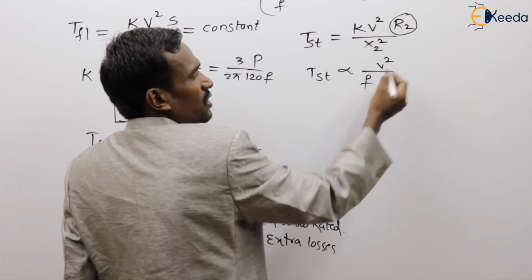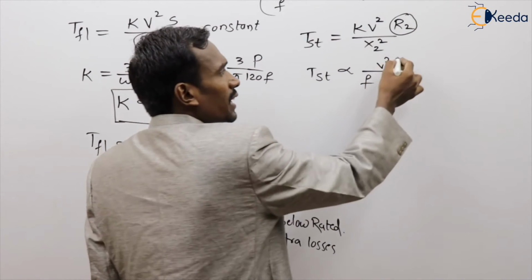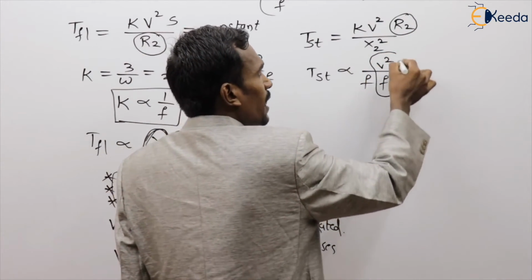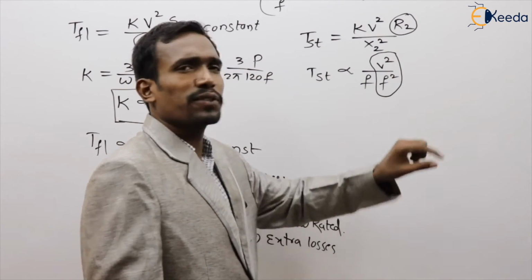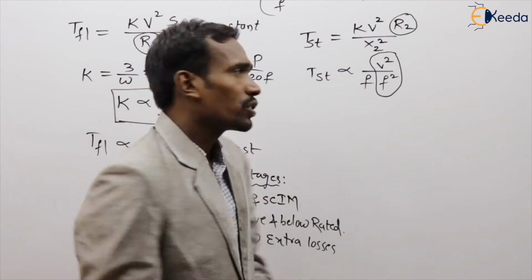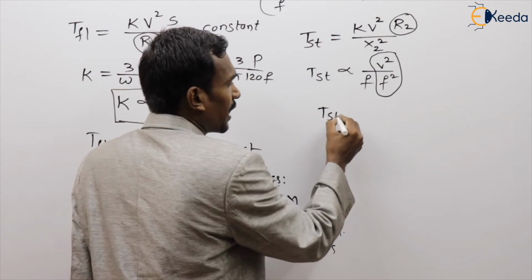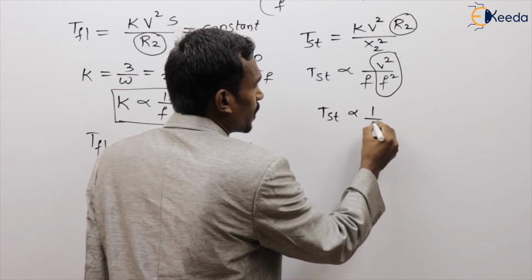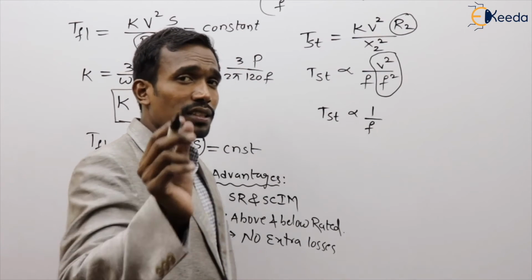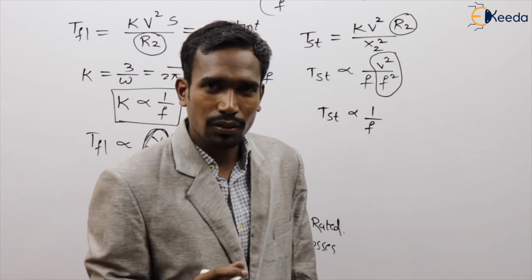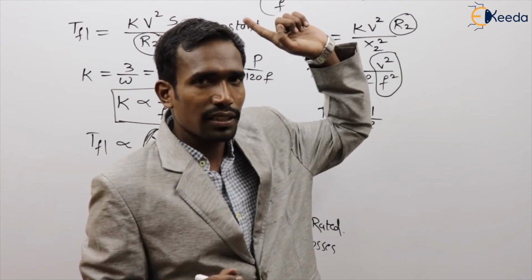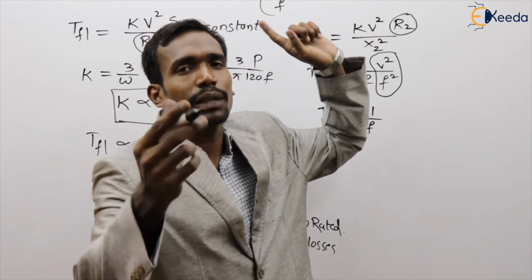And this is already constant. See here, V square by F square is already constant. So the starting torque is inversely proportional to F. But we require that in terms of voltage, because we are discussing the effect of supply voltage.